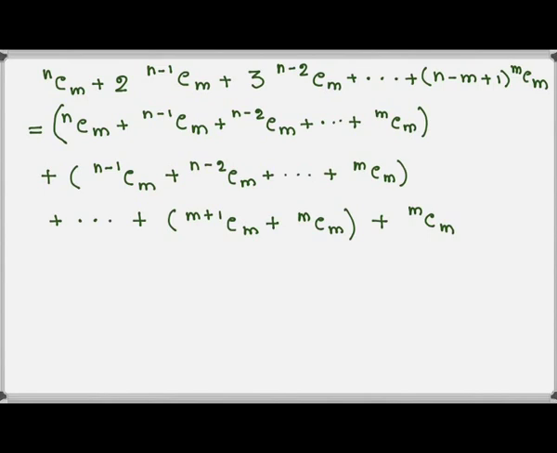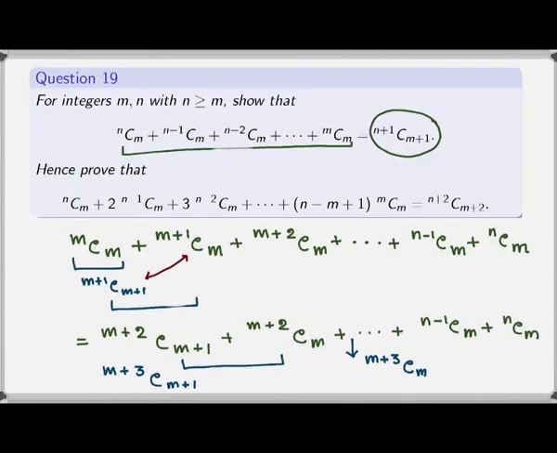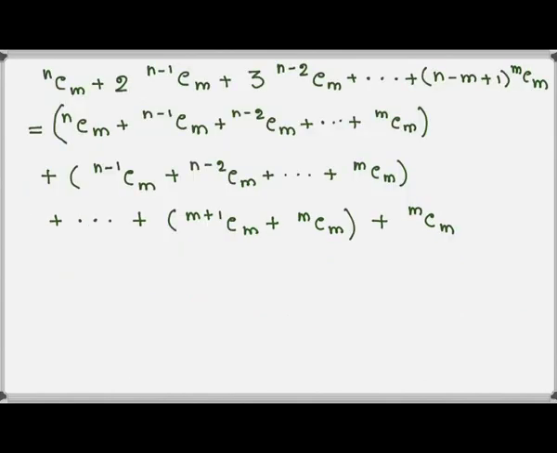Now let us again go back to the first part of the problem. We are going to use this part now. Using that, we can write this one is equal to n plus 1 Cm plus 1.